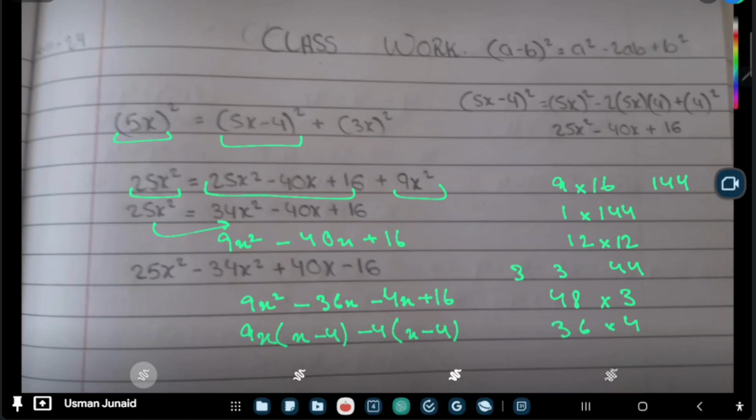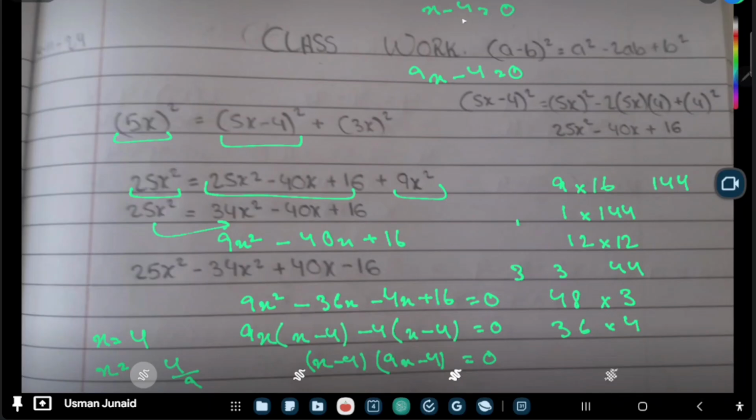Now you take x minus 4 as common. So you have x minus 4, 9x minus 4. Understand? Is equal to 0. So x is equal to 4 and x is equal to 4 by 9. What we're basically doing is, either x minus 4 is equal to 0 or 9x minus 4 is equal to 0.